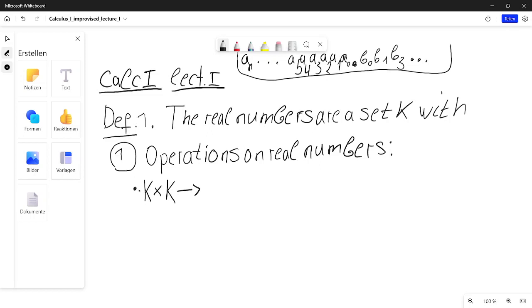Such operations go from K cross K, the Cartesian product of K with itself, and go to the same set K. They are called closed operations, but we don't mention that because we have already specified that these are just such maps, right? All right.